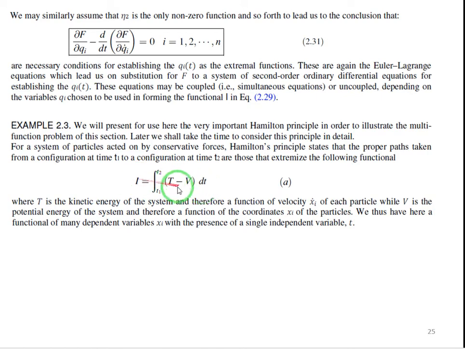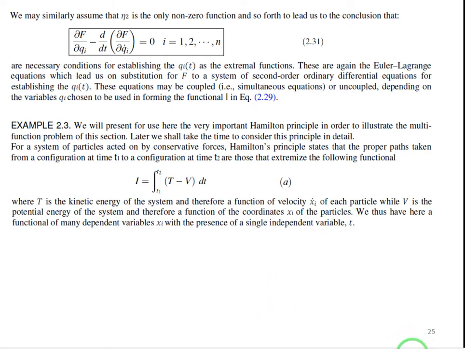And by using this principle, we can find equations of motion, or in other words, we can find the variation of xi with respect to our independent variable t at any arbitrary time.